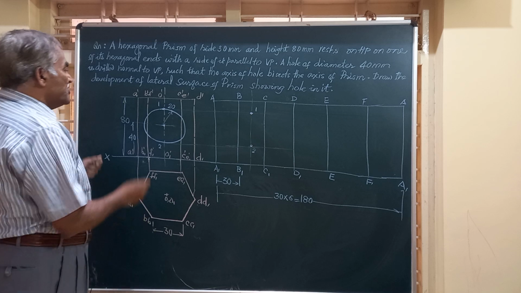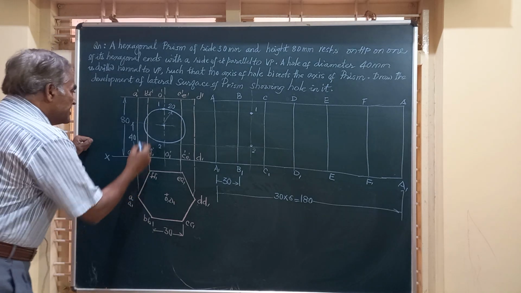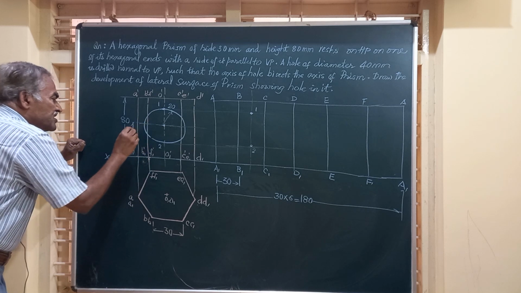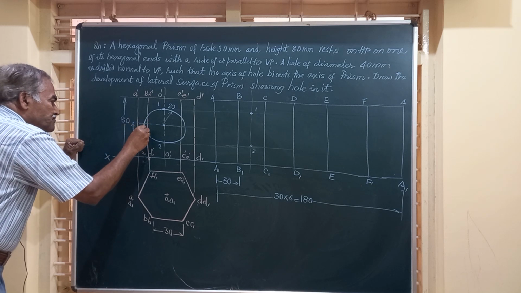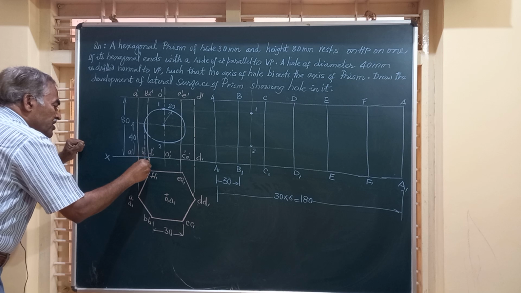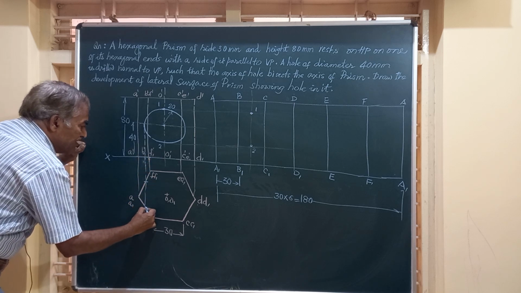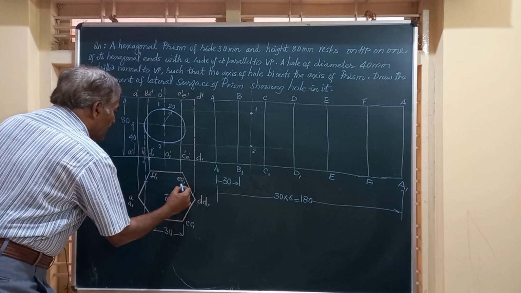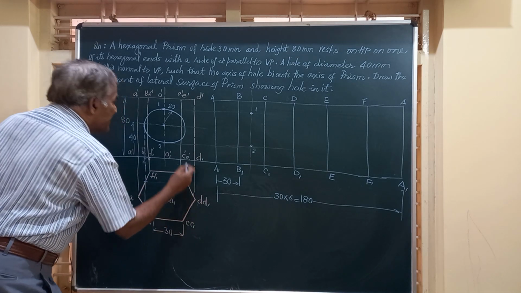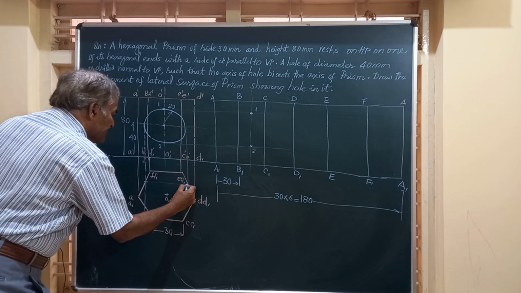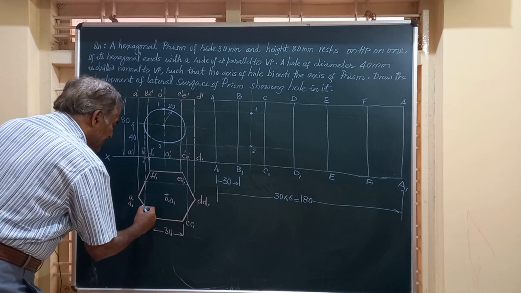Friends, the hole is drilled there. Let us see where that hole is seen in the top view. From this end of the circle, friends, I am going to draw a vertical line downwards. So it is cutting here and here. Similarly, on the other end also at the same height, we are going to get 2 points. So this is cutting here and again here.